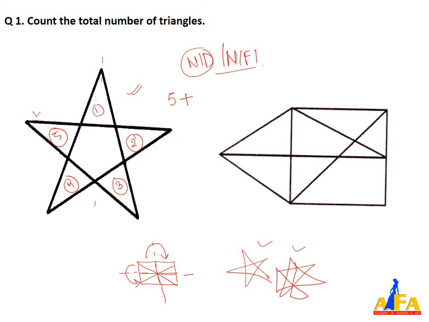For example, if we take this triangle and this triangle, this shape is also forming a triangle. Okay, and if we take this and this, they are also forming triangles. So this triangle is used twice and these are used once and once.